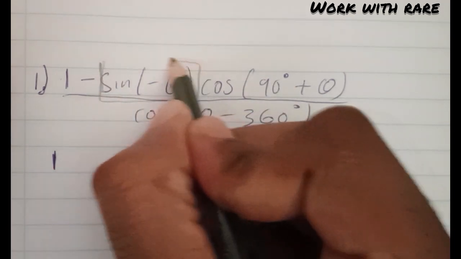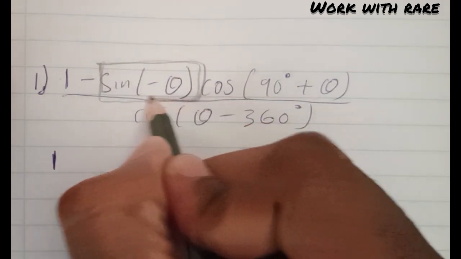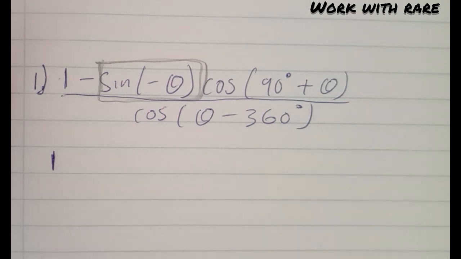I exclude that negative. This part only is the negative sign. Remember from our reciprocals, the one for positive is the one for cos only. If we have cos, then we have that bracket and negative theta, then it's positive cos. Only for cos, but for sine it's negative.